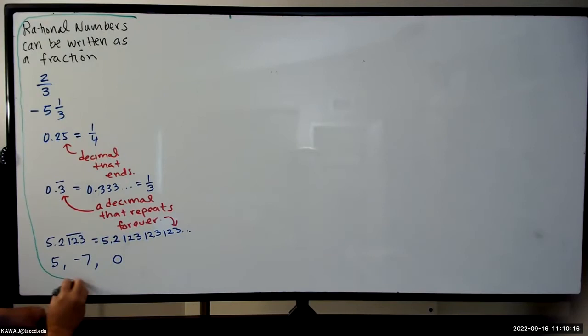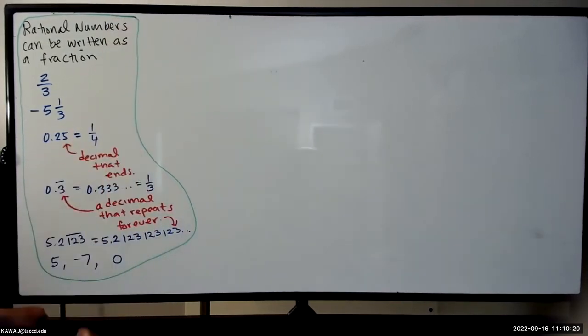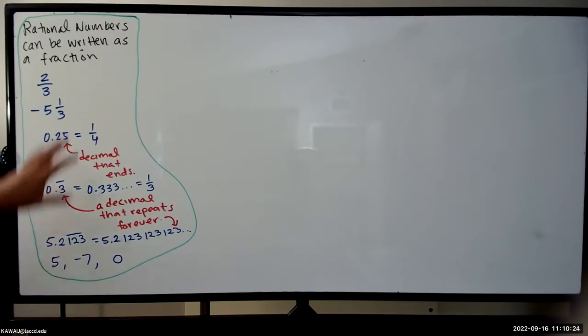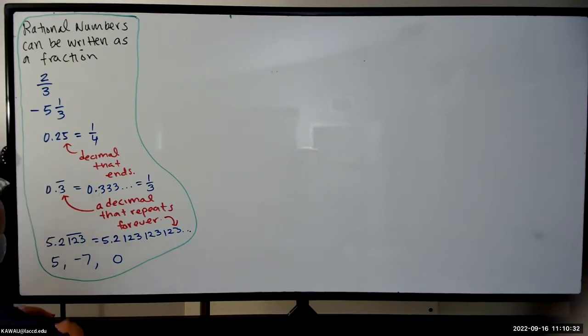They're a number that some way can be written as a fraction. Now, there's another bubble, which is the opposite of this, irrational numbers. Irrational numbers cannot be written as a fraction. So let's write that.